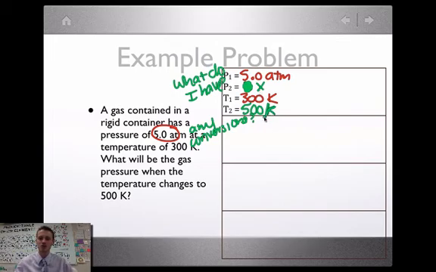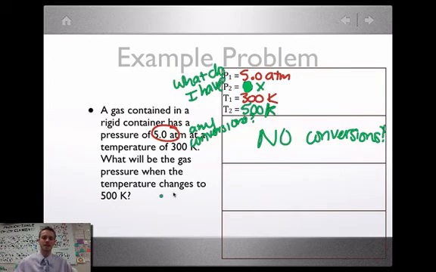My temperatures are in Kelvin, so I'm good. There are no conversions. Yay! Just skip a step.